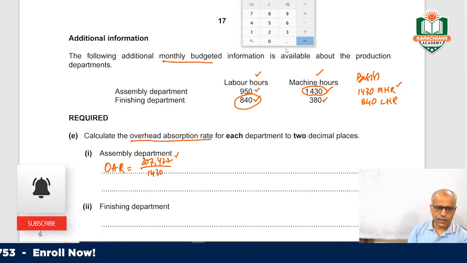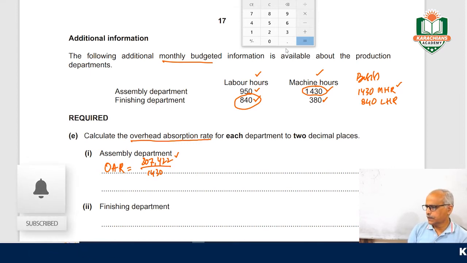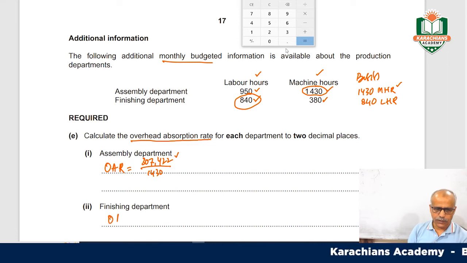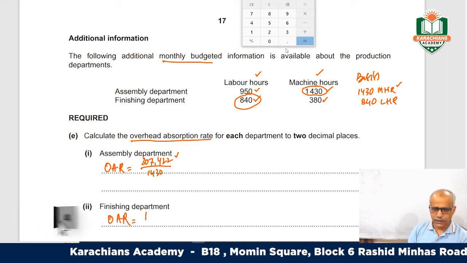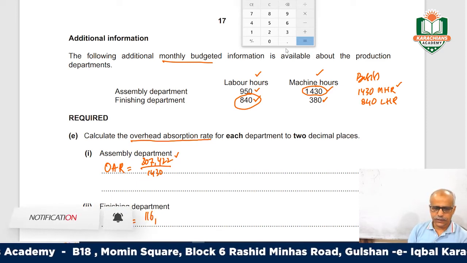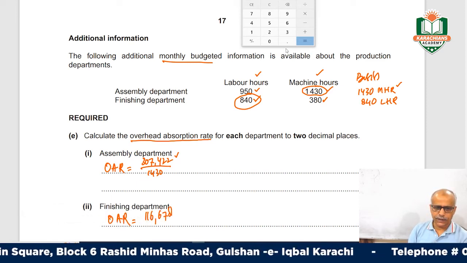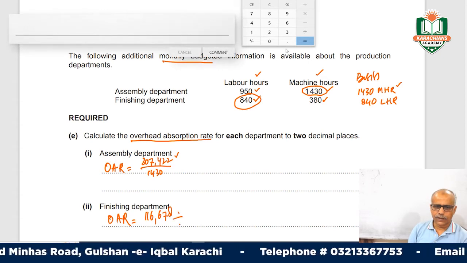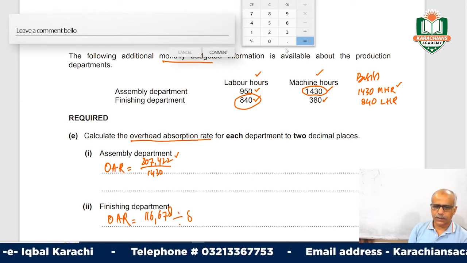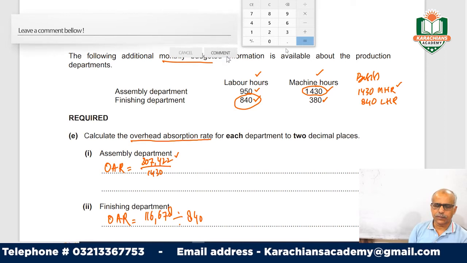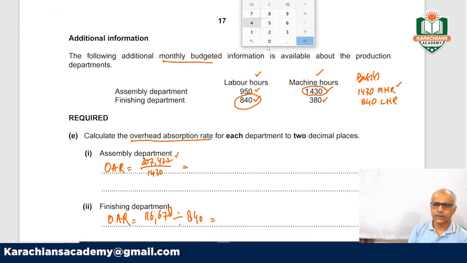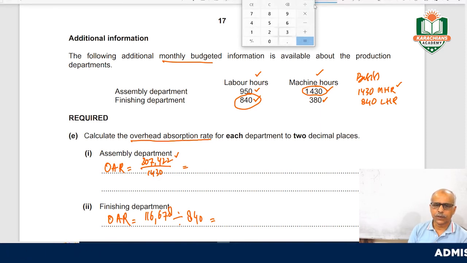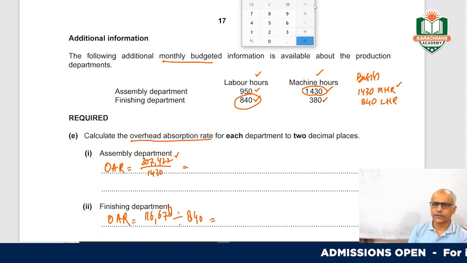And for finishing, the cost was 116,678. You have to divide this by labor hours, because the finishing department is labor based. So we simply do 307,422 divided by 1430.